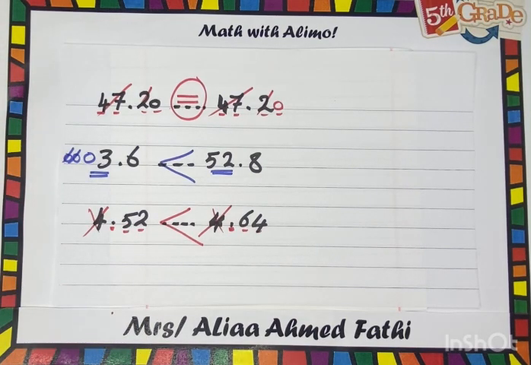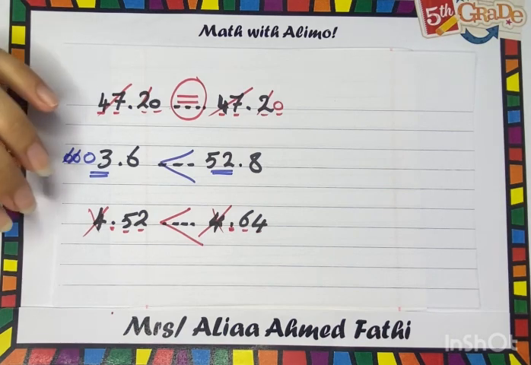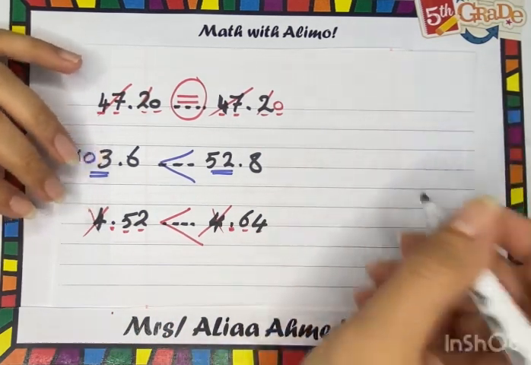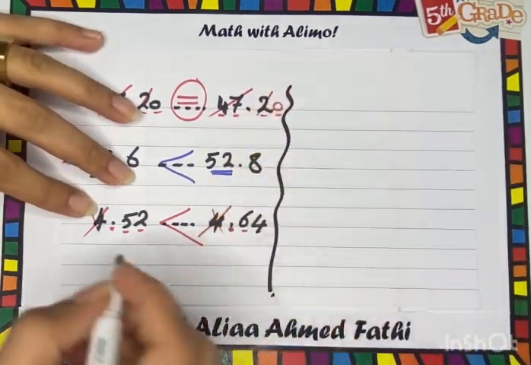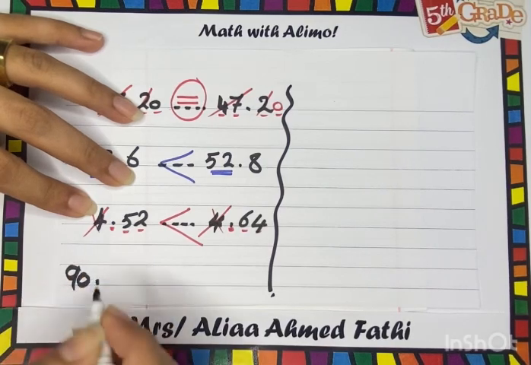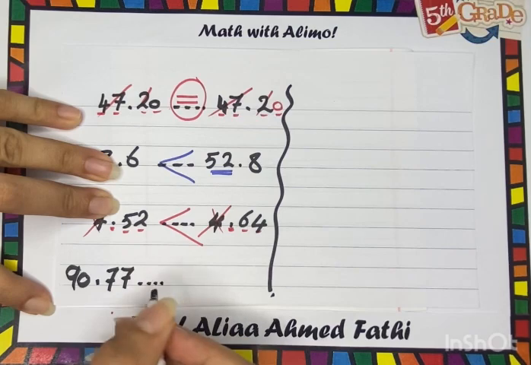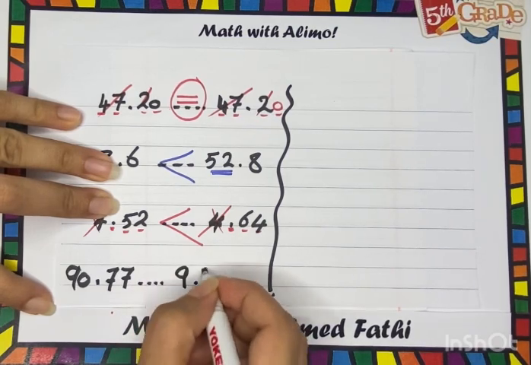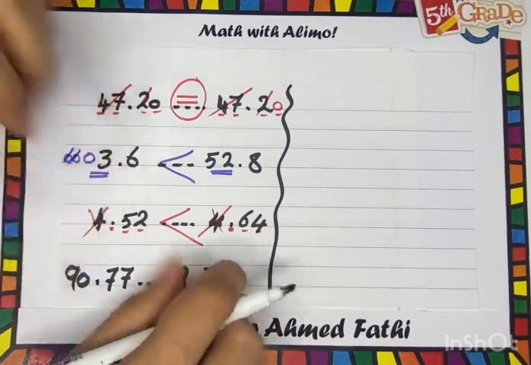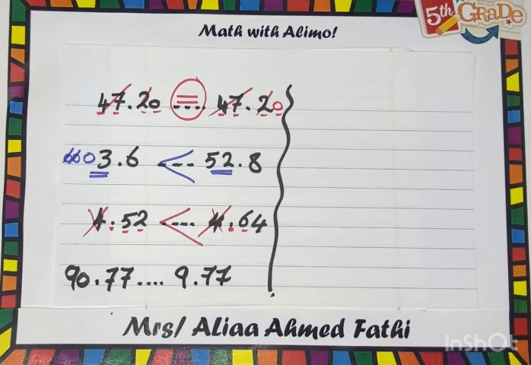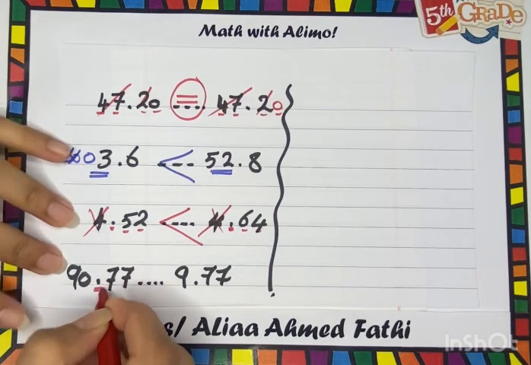Okay, another one. If I have 90.77 or 9.77. Okay, this is our decimal point.